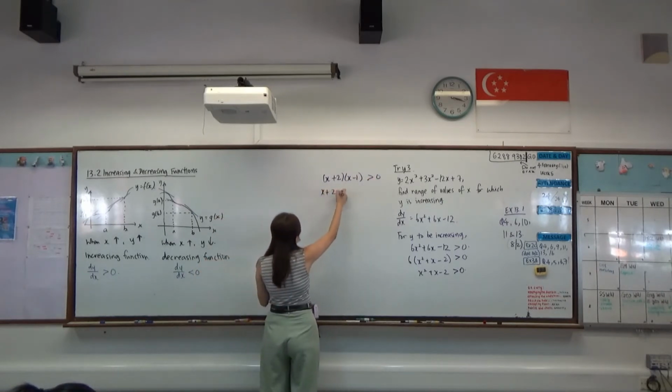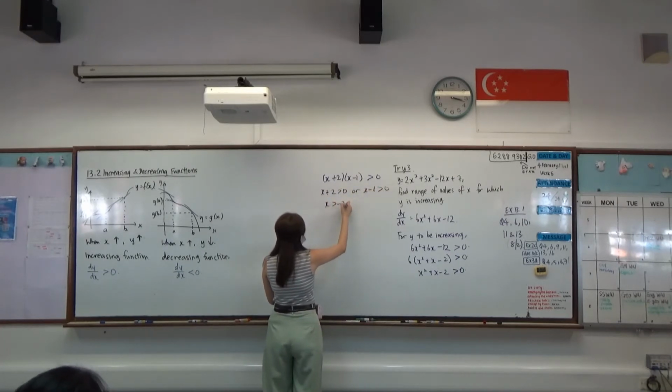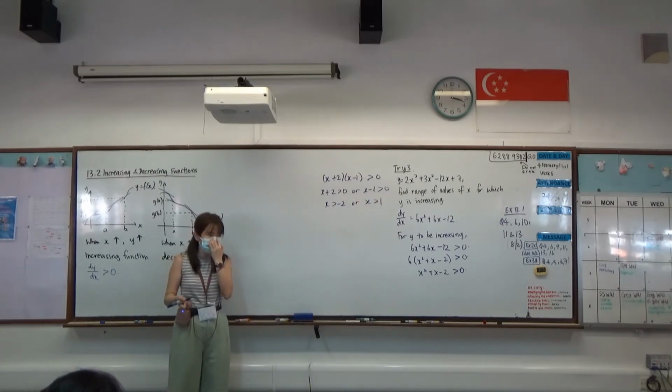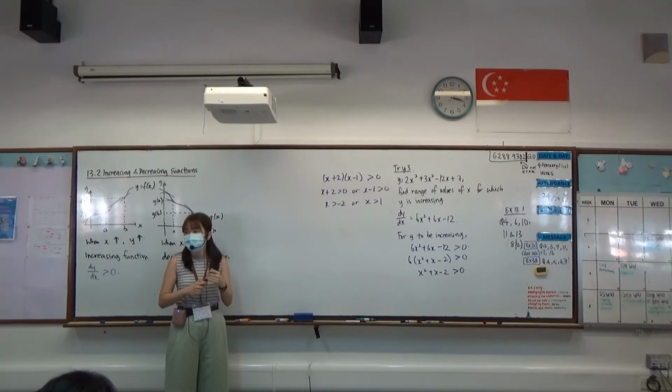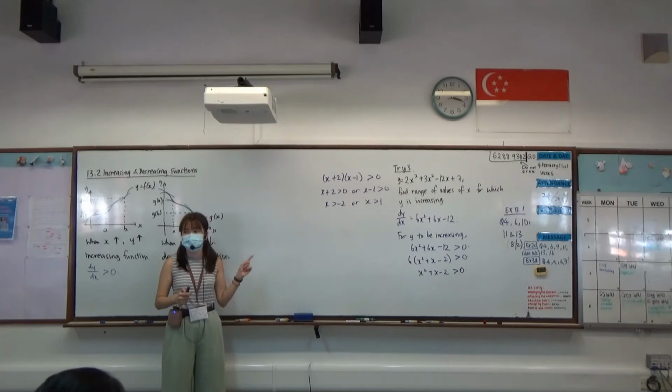Then we do this. Am I right? Yes? We do this. Joseph, time to revise. Is this right? No, okay? We don't do this for quadratic.